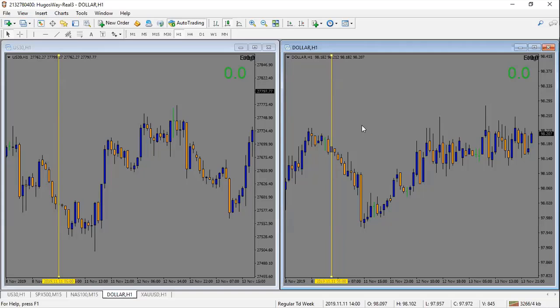Okay? Trade that. Once you get more comfortable, trade NAS 100. Once you get more comfortable with that, trade US30. See what I'm saying? The second cheat code is gold.